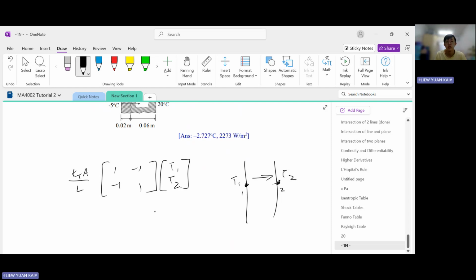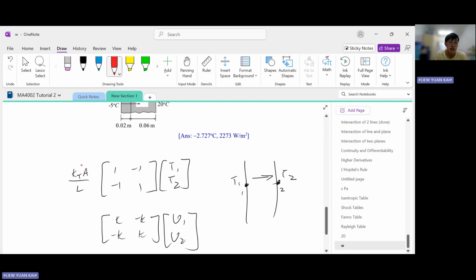So it's very similar to the spring element equilibrium equation. The spring one will look like this. Actually, you can multiply this constant into each entry of the matrix as well.